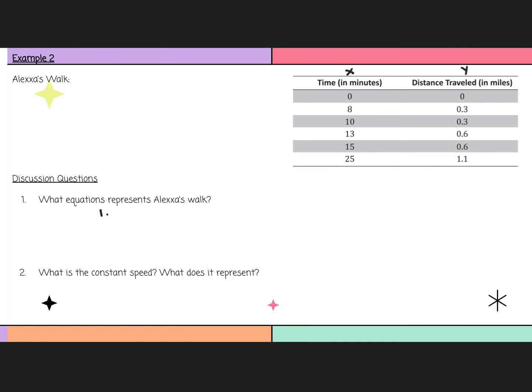So we're going to have 1.1 over 25 is equal to y over x. Then again, we're going to cross multiply. Sorry, I kind of covered up my x. So I have 25y is equal to 1.1x.